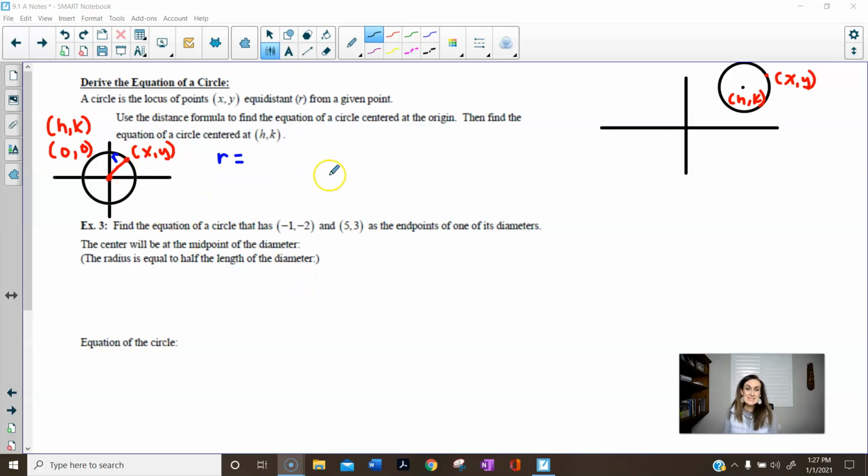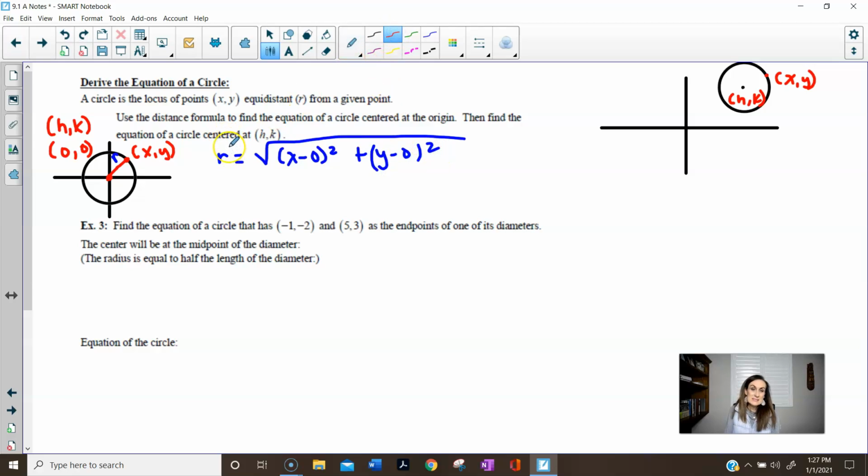So the radius is going to equal the square root of, and then we would subtract the x value. So I have x1 subtract x2, so x subtract 0 squared plus, and then the distance between the y values would be y subtract 0 squared.